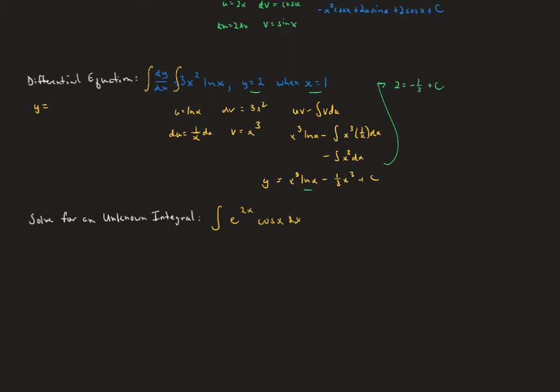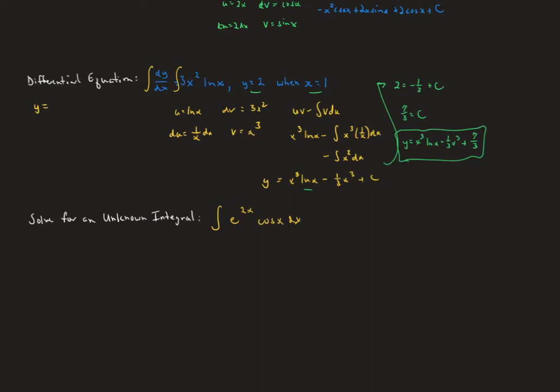Adding the 1/3 over, c is 2 and 1/3, or 7/3, whichever way you want to call it. So finally, our solution to this initial value problem is x cubed natural log x minus 1/3 x cubed, plus 7/3 tacked on to the end. So we just had to use integration by parts to do that integral.